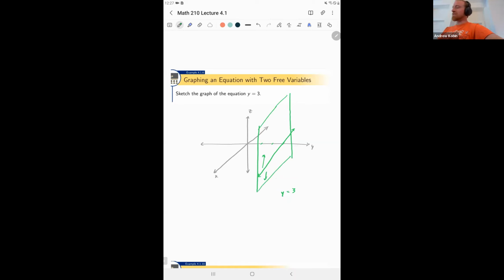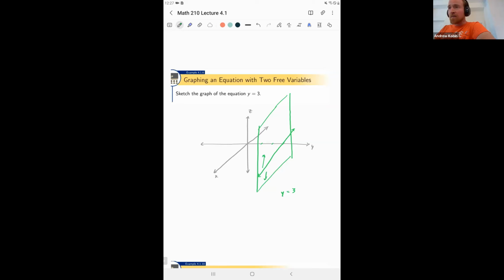That's a little better. Here's our plane that slices through the y-axis. Any point that satisfies y equals 3 will have to live on this plane. The x and z coordinates can be anything we want. Conversely, anything on this plane has no information about x and z. It can be any values, but it has to have that fixed value y equals 3. So this is a graph of y equals 3.